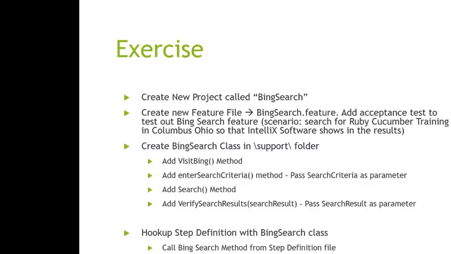All right, now let's see how we can apply this. Generally, when we talk about writing automation tests, you are building a web application with a number of pages. For every page, you will typically have one class created.